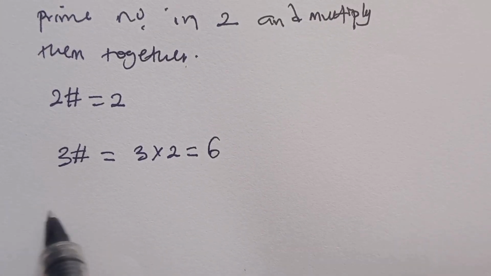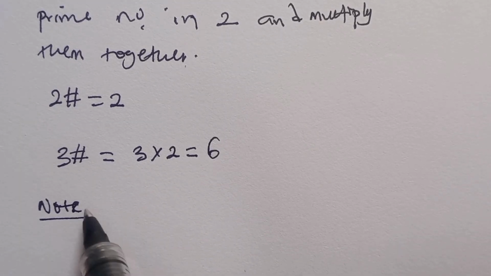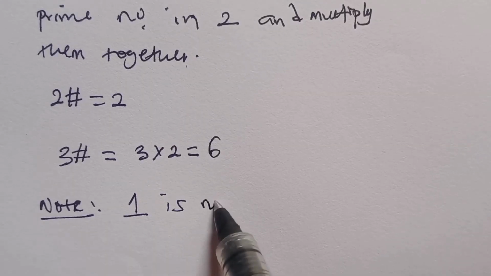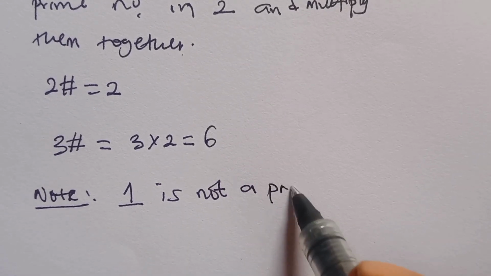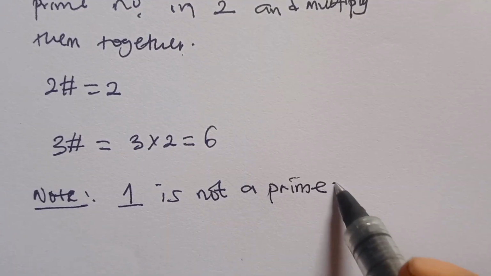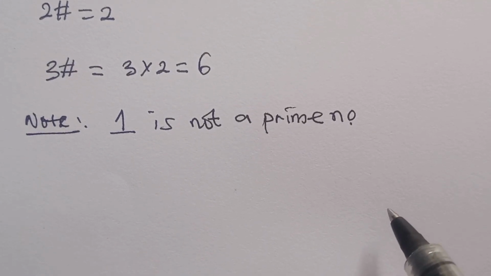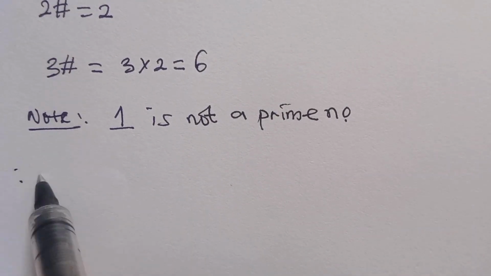So we have 3 and 2 as prime numbers from 1 to 3 inclusive. And there is something that you need to note. 1 is not a prime number. You need to note this very well, that 1 is not a prime number.